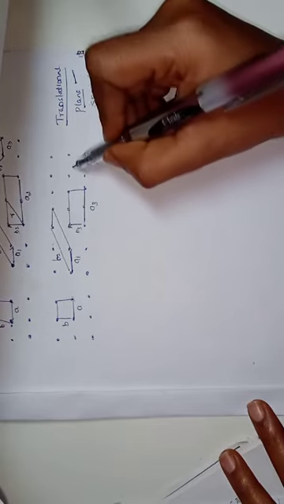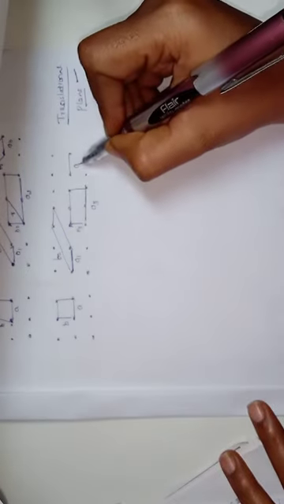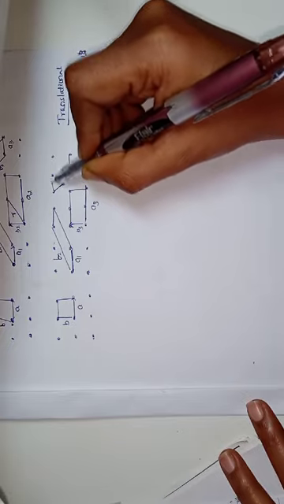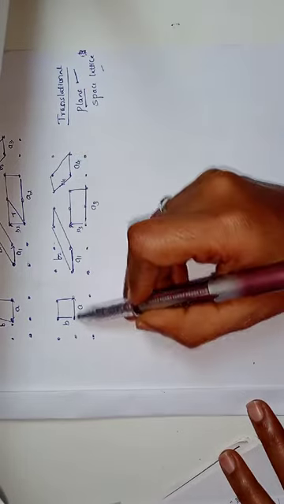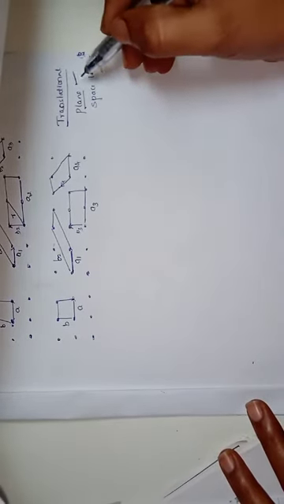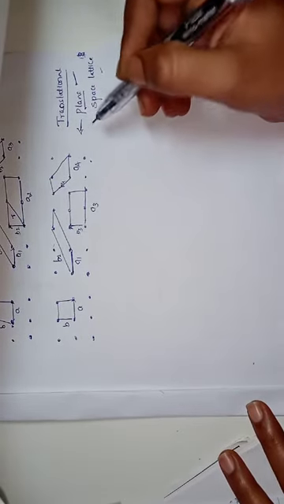Then here you can choose one more translation, A4 and this is B4. Here the geometrical shapes are changed because of the lattice points. This is the plane lattice.